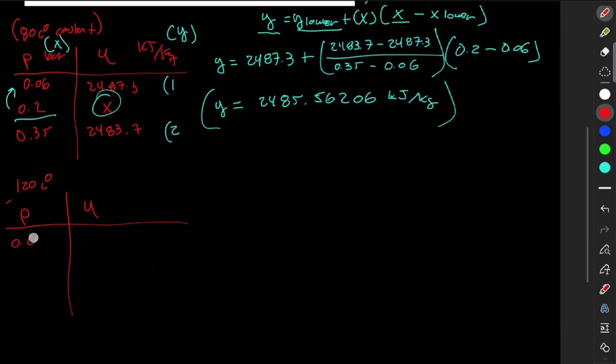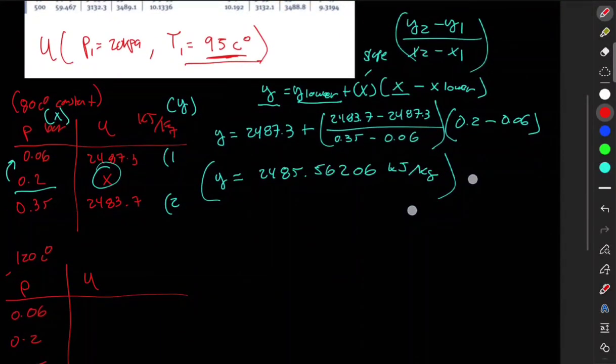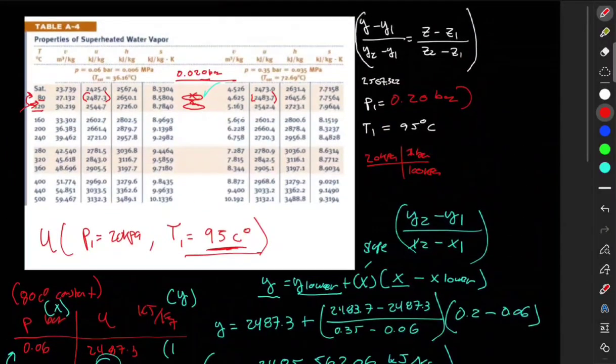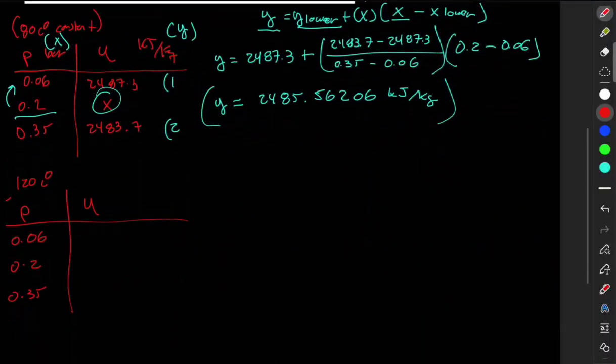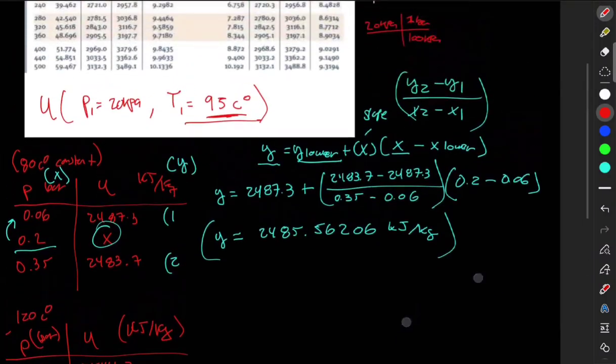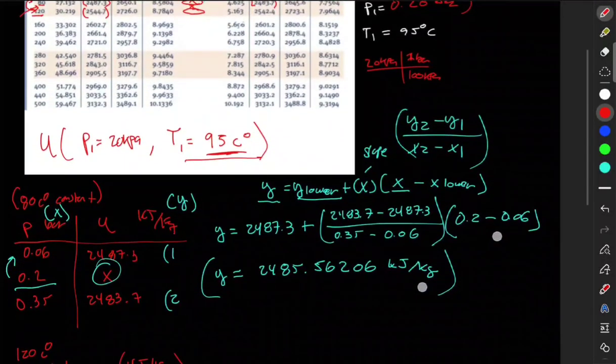So this will be our same format, but we have 2544.7 for, oh yeah, make sure you write your units so you won't mess up. And I know professors like to check units all the time, so make sure you have your units.